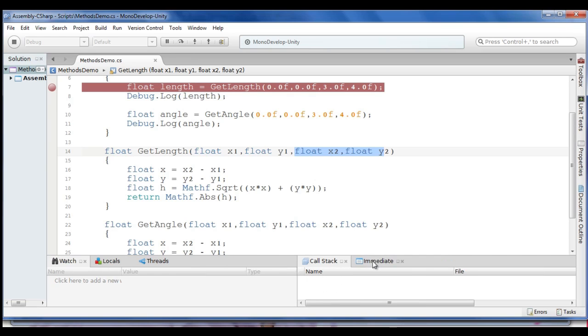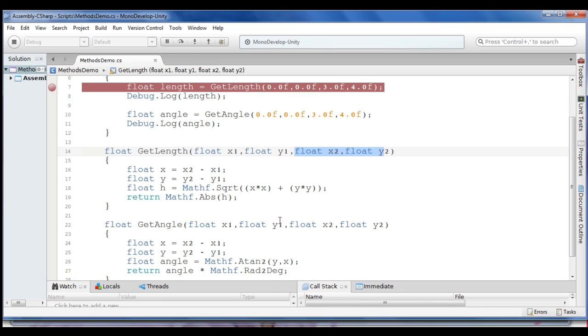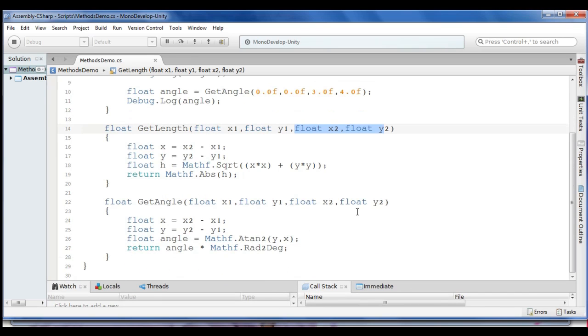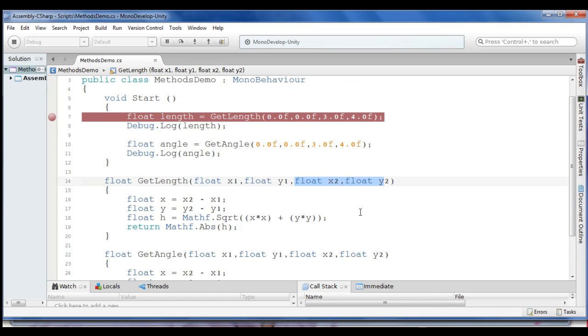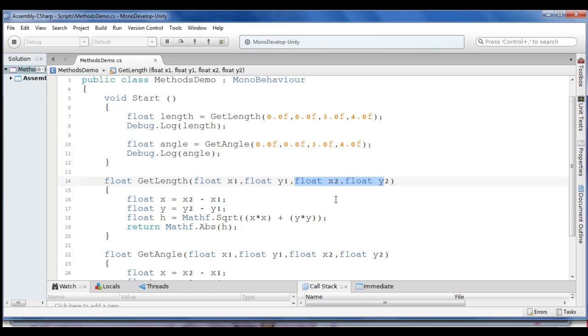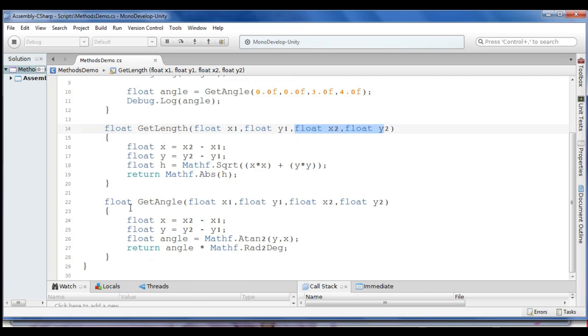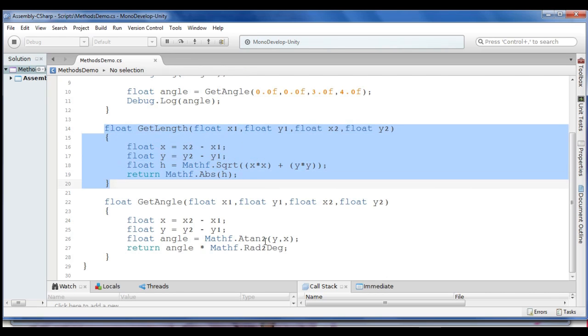I think for this class, this much is enough, guys. Remember this code that I have explained; in future it is really useful. What you need to do is create such functions and keep them in a library, because you need not write them again and again. When you come across the need to find a length or an angle in your games, you just call these functions.